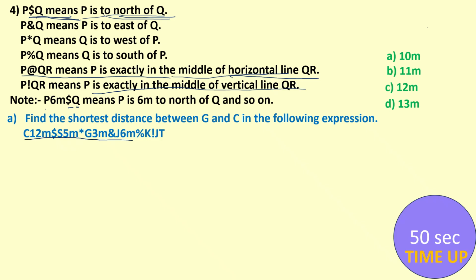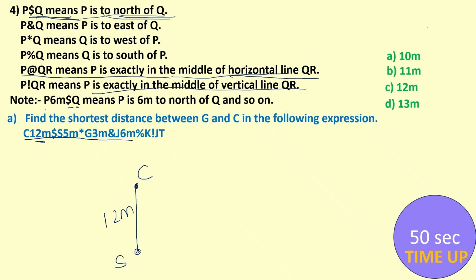Just see C dollar S they have given. C dollar S means C is to the north of S. C is here and it is to the north of S. C is to the north of S. Now see how much meter they have given? 12 meter. So write 12 meter here. Okay.